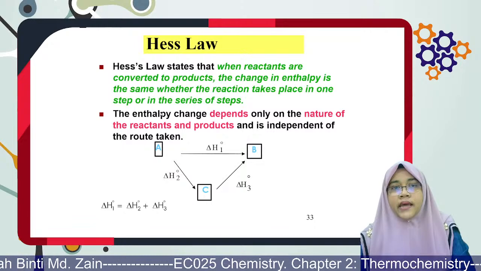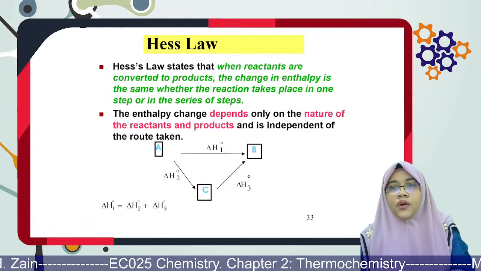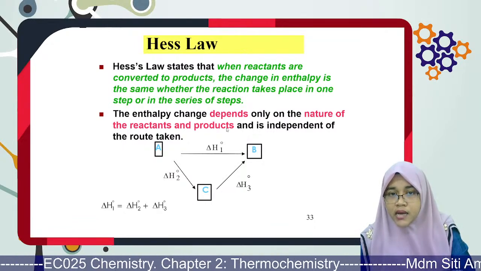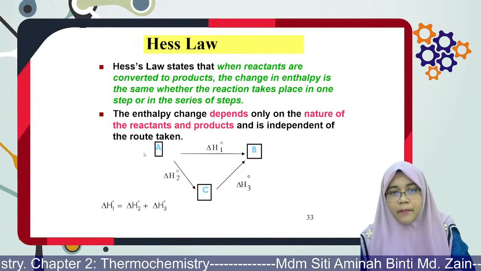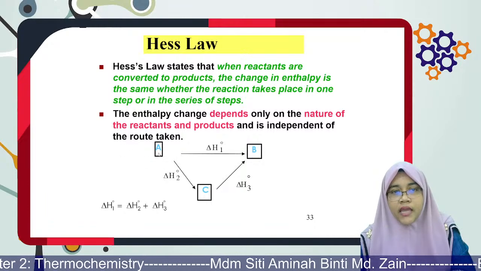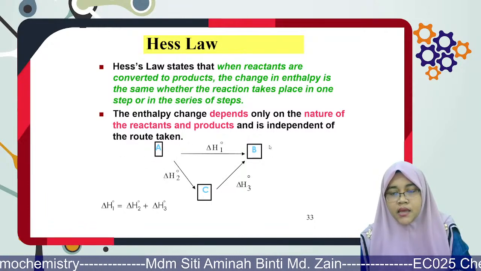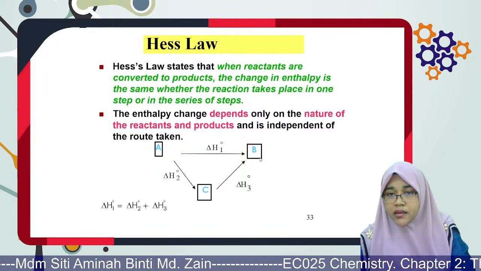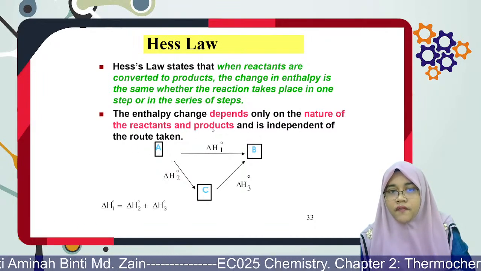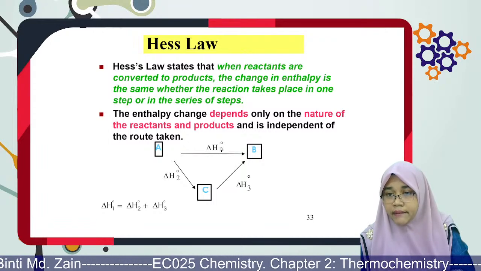So the enthalpy change depends only on the nature of the reactant and product, and it is independent of the route taken. For example, we have A forming B, from a reactant A to a product B. The enthalpy involved is delta H1.